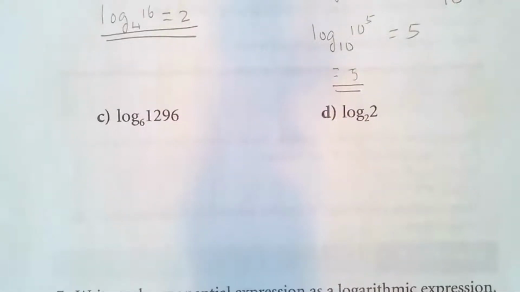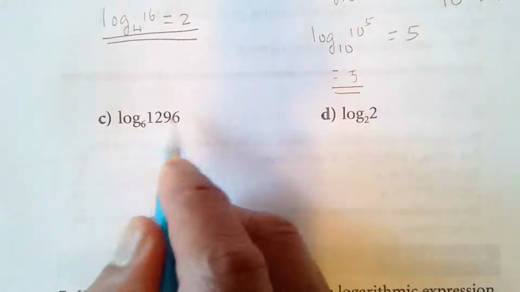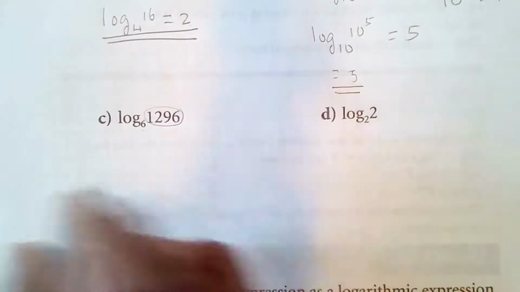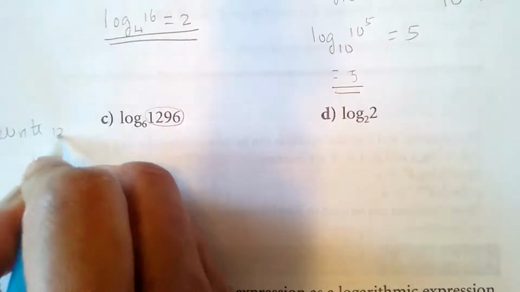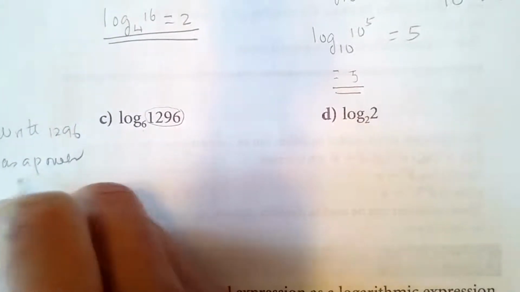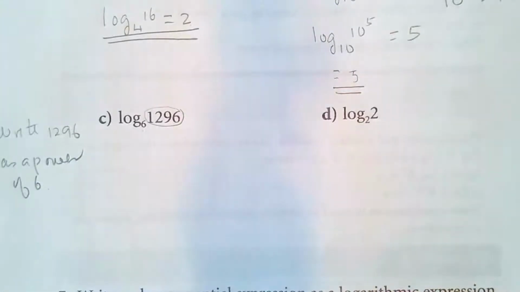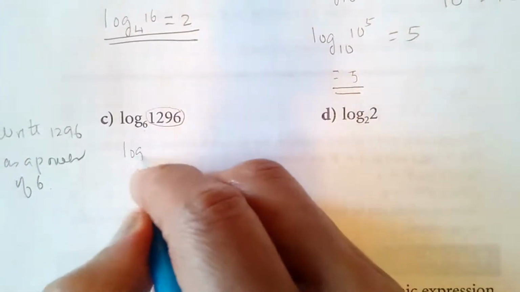Okay, the same principle will apply here. We now write 1296 as a power of 6. So we have log base 6.